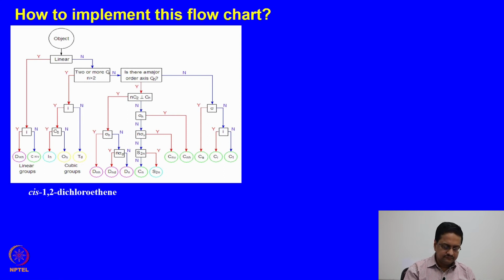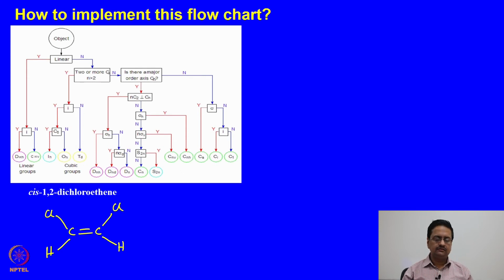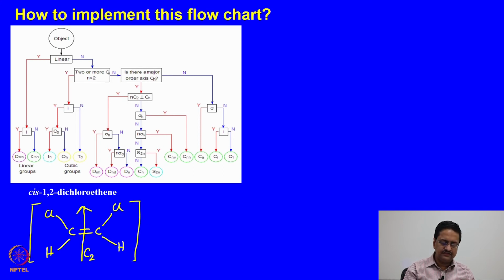Cis-1,2-dichloroethene. Very quickly, I would like you to remember from the previous class, when we discussed this molecule, that there is a C2, this molecular plane is a sigma v, and the perpendicular plane containing the C2 is the other sigma v.